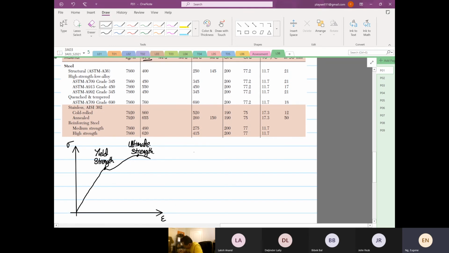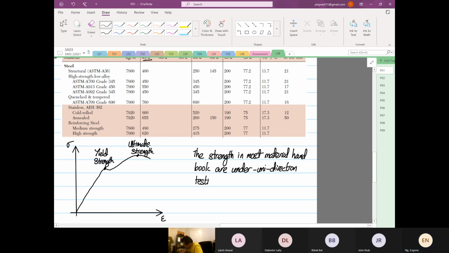The mechanical strength in most material handbooks is under a unidirectional testing configuration.